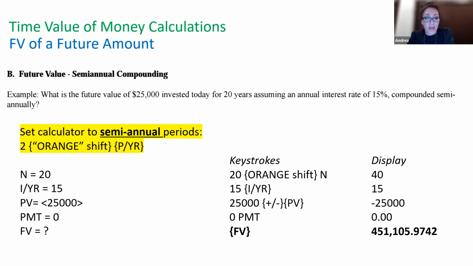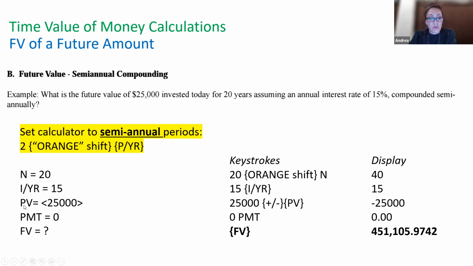What is the future value of $25,000 invested today for 20 years, assuming an annual interest rate of 15% compounded semi-annually? So let's set your calculator to 2 periods per year. Your variables are N is 20 because it's 20 years, earning 15%.